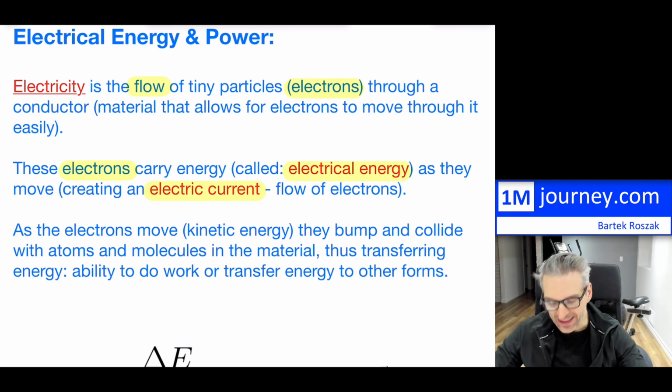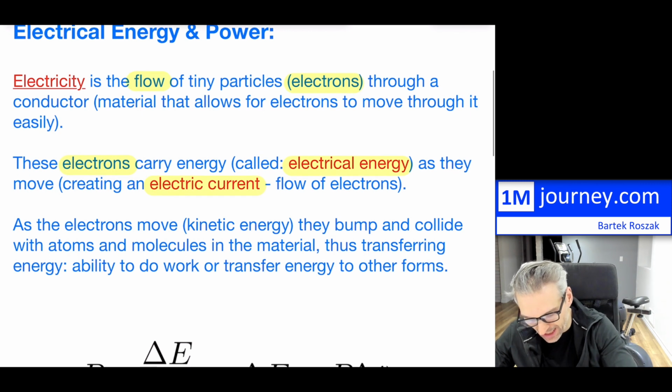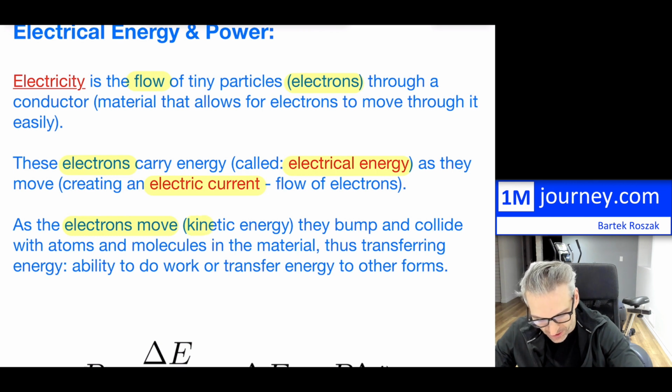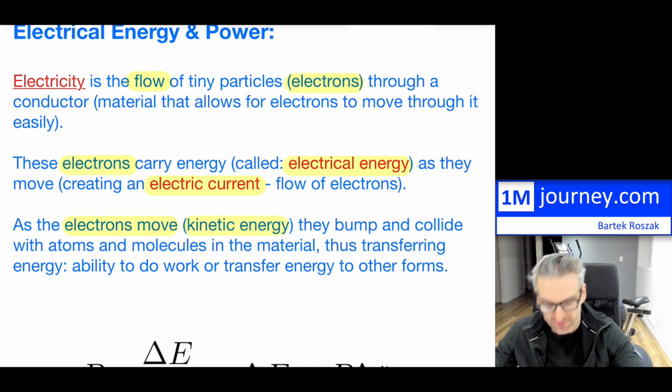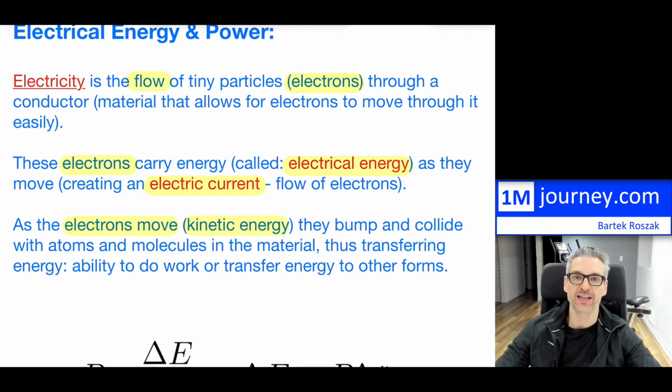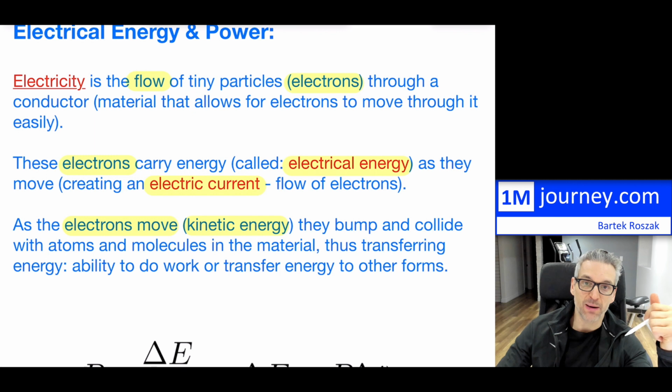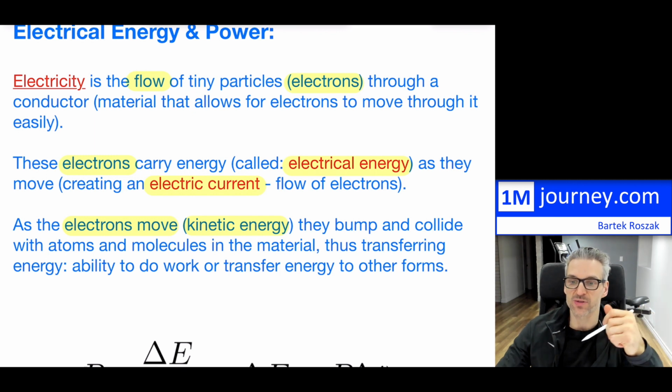Now, lastly, as we have electrons and they are moving, the movement is the concept of kinetic energy. So that particular electrical energy, as it is moving along, the electrons themselves bump and collide with various atoms and molecules in the material as they're going through. Therefore, they're transferring their energy. They have the ability to do work.